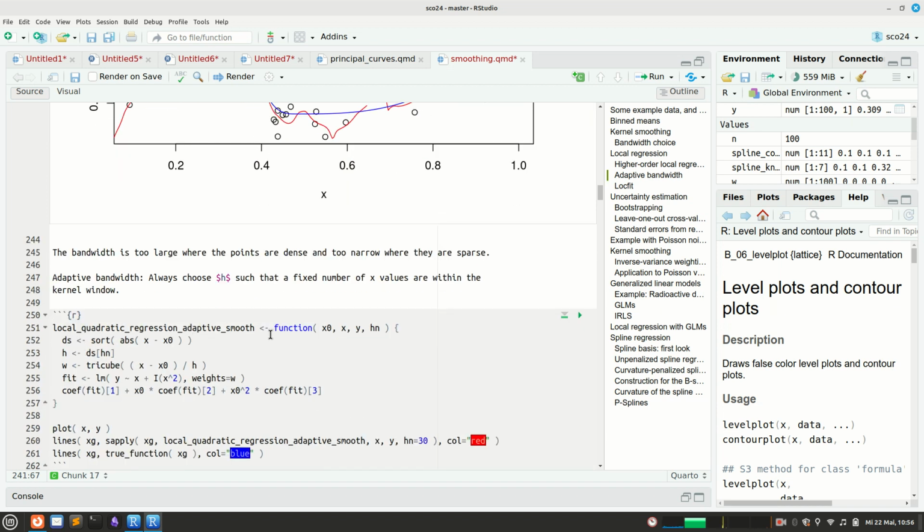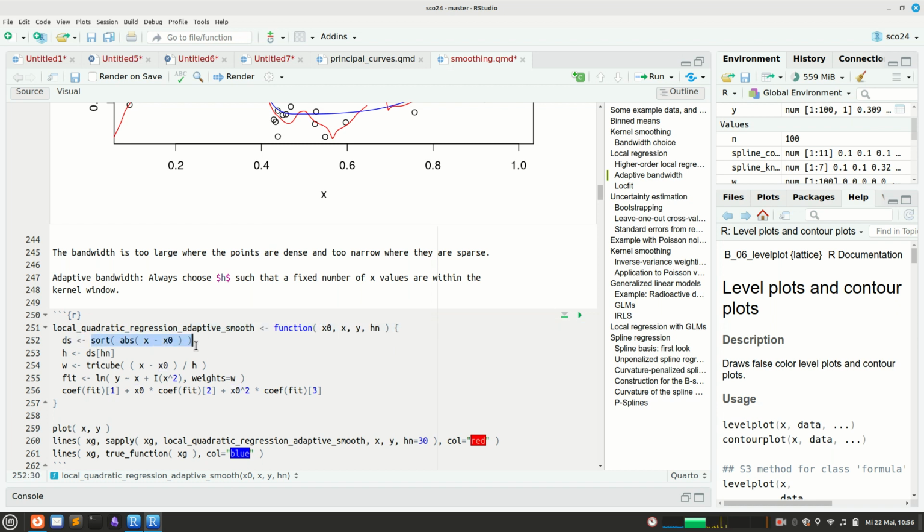So you see, I changed my fitting function again. It's the same fitting function as before, where I calculate the weight, and then I do my quadratic fit, and I evaluate my quadratic fit at the point x0. But before I do this, I calculate the distance of each data point from my fitting target point, x minus x0, and sort this.